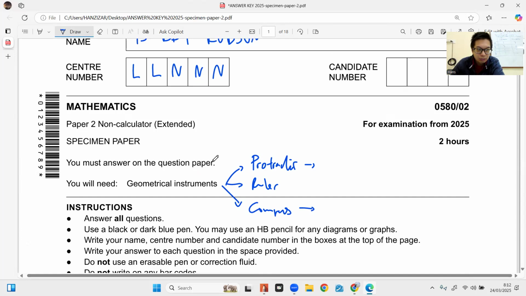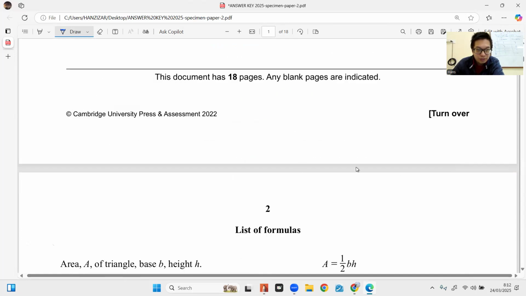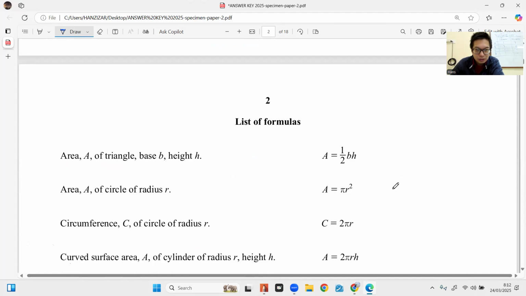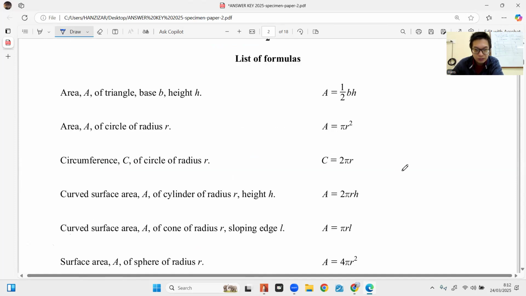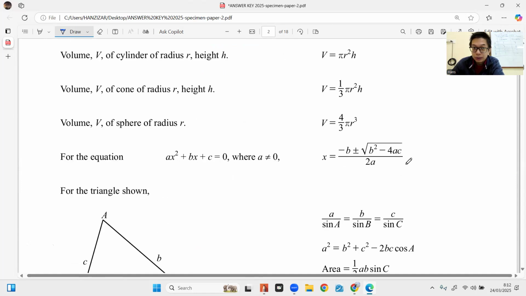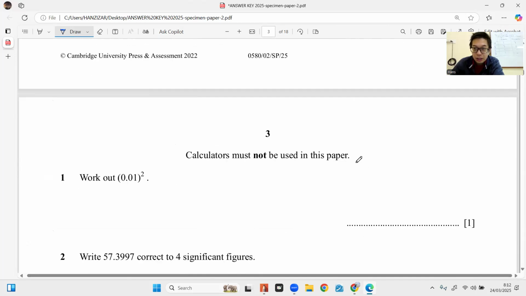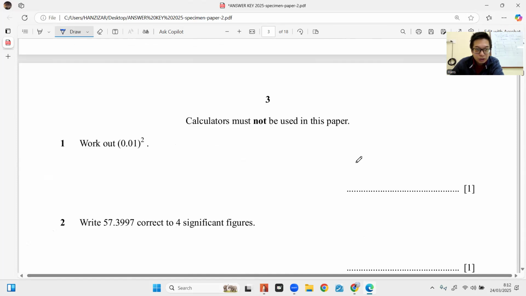The paper consists of 18 pages, and the list of formulas is given. You can see it later. If you print this out, you will benefit from it. Okay, for the exercise, now we are discussing. I will turn off my video. We focus on the questions.